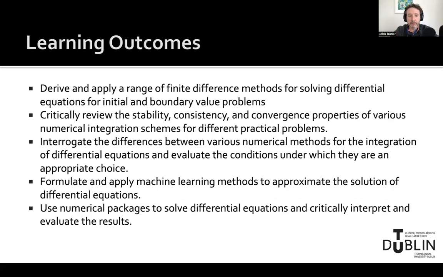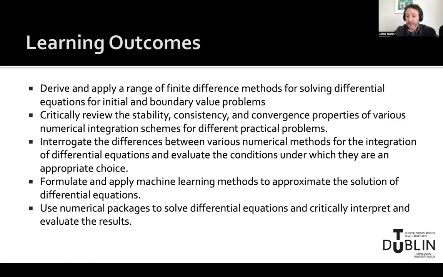The learning outcomes: derive and apply a range of finite difference methods for solving differential equations for initial and boundary value problems. Critically review the stability, consistency, and convergence properties of various numerical integration schemes for different practical problems. Interrogate the differences between various numerical methods for integration of differential equations, and evaluate the conditions under which they are an appropriate choice.